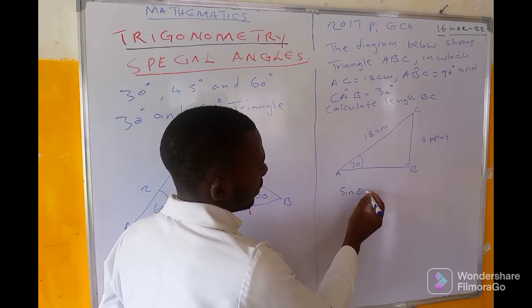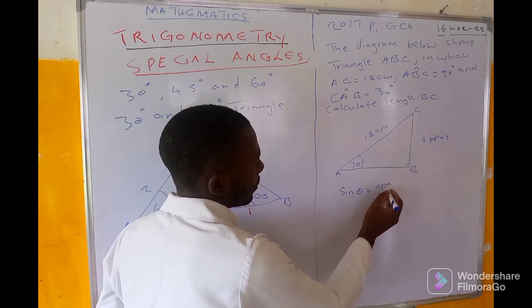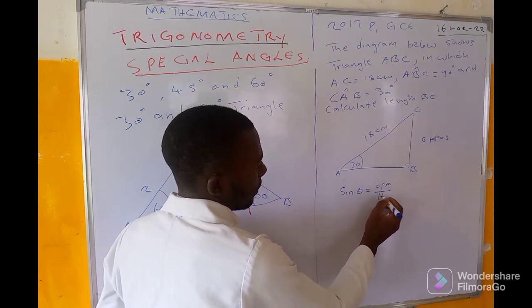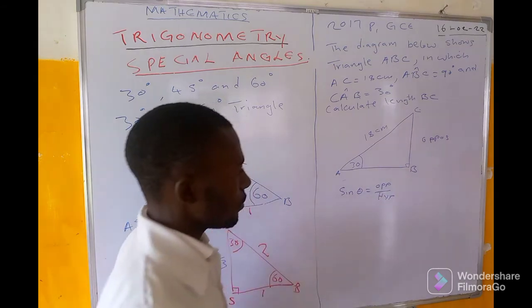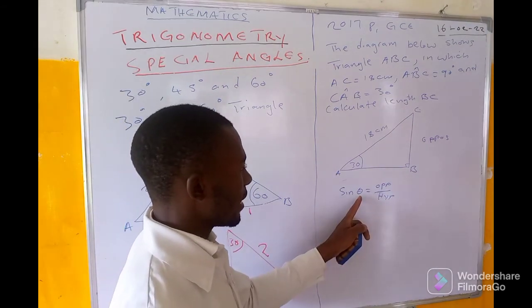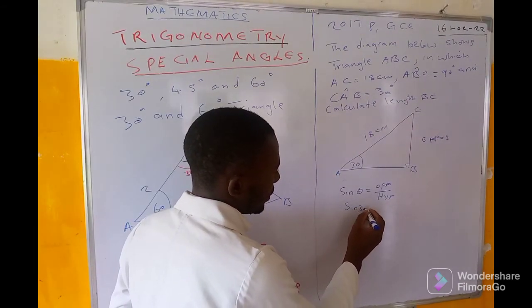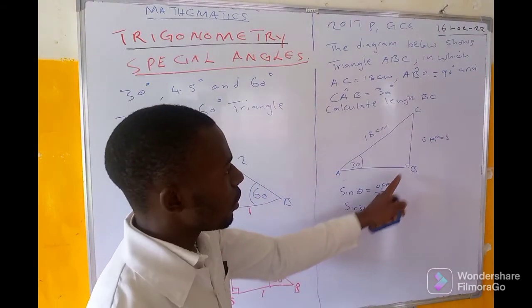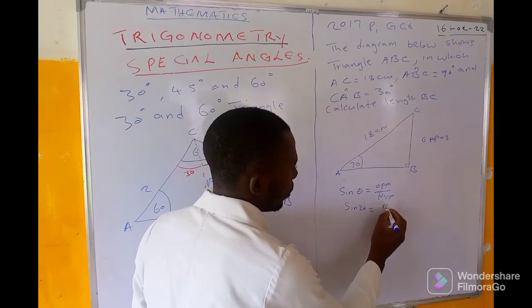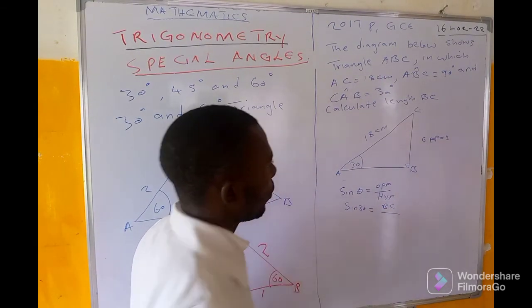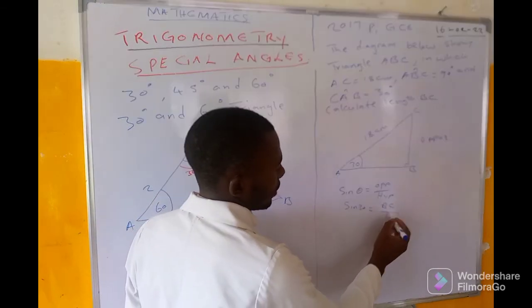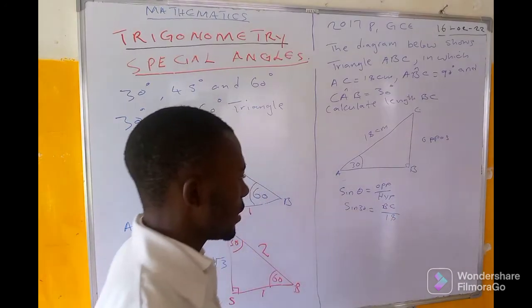So I'm going to say sine theta is equal to opposite over hypotenuse. So what is theta? Theta is what? It's 30. So sine 30 is equal to, what is opposite? Opposite is the one we are looking for, which is BC over, the hypotenuse is 18 centimeter.